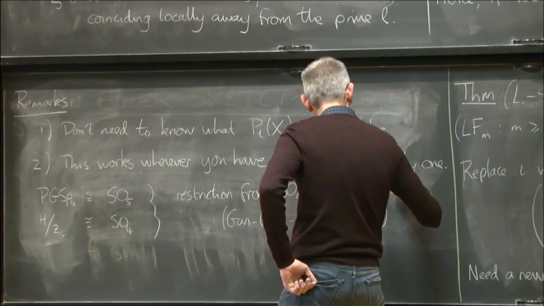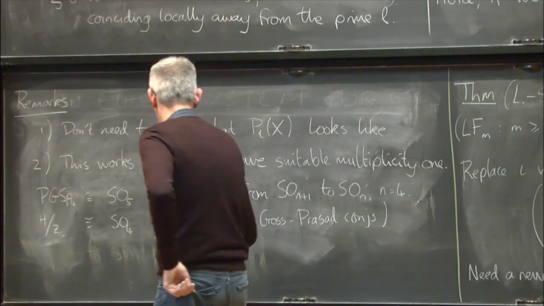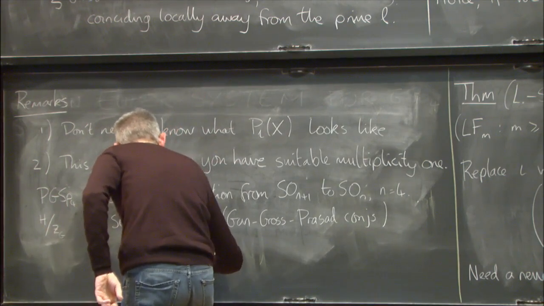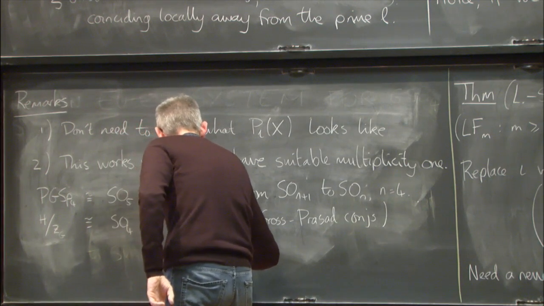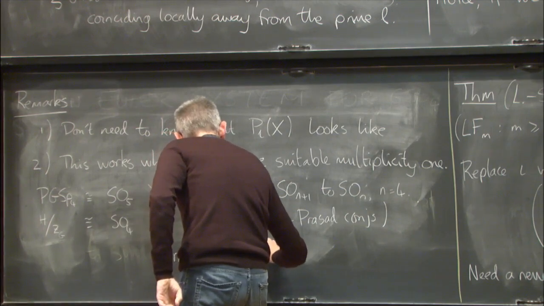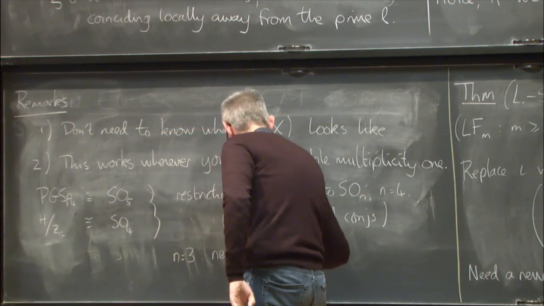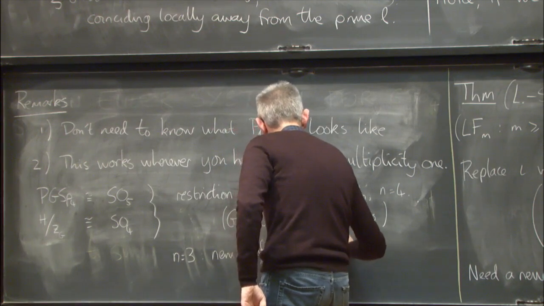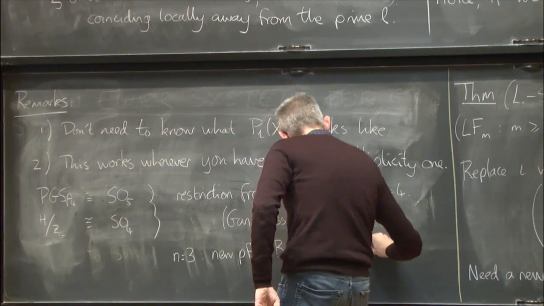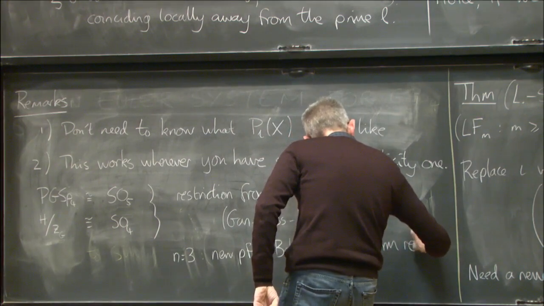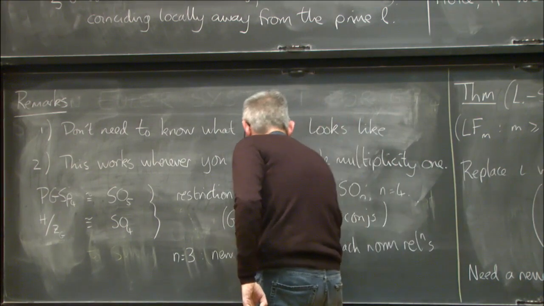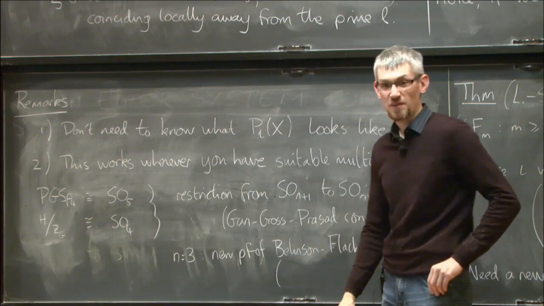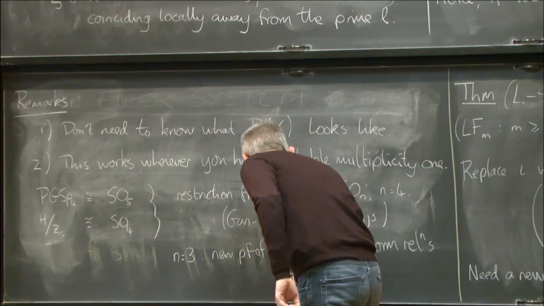And this is just the n equals 4 case. And if you look at the n equals 3 case, you get a new proof of the Beilinson-Flach element norm relations. So this is being worked out by one of Sarah's PhD students, Giada Grossi.